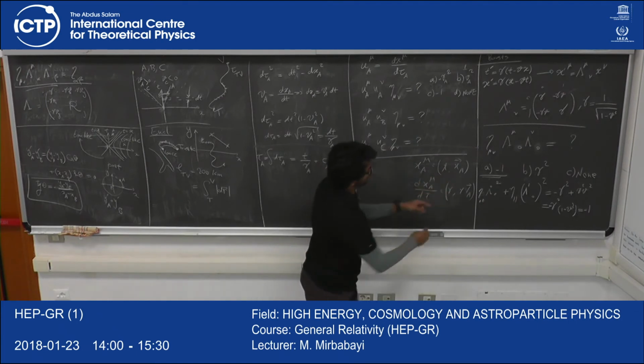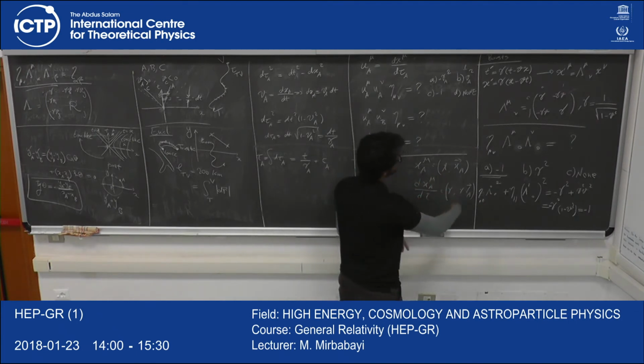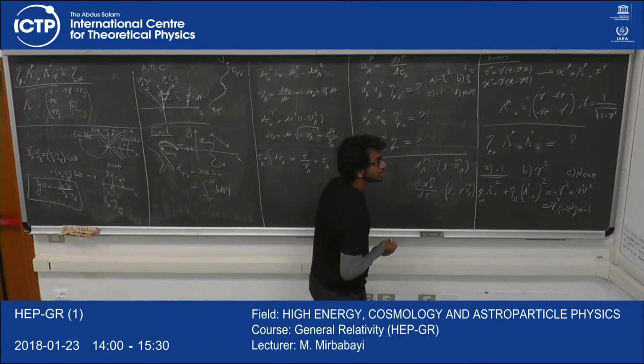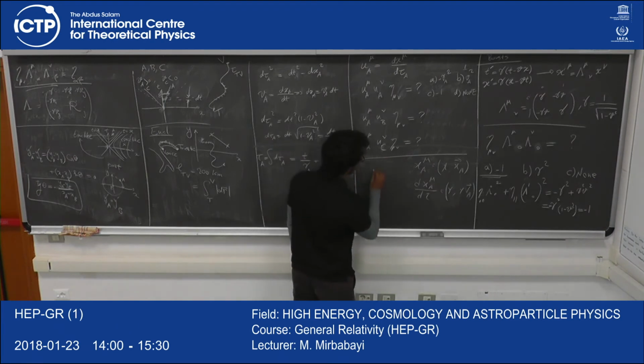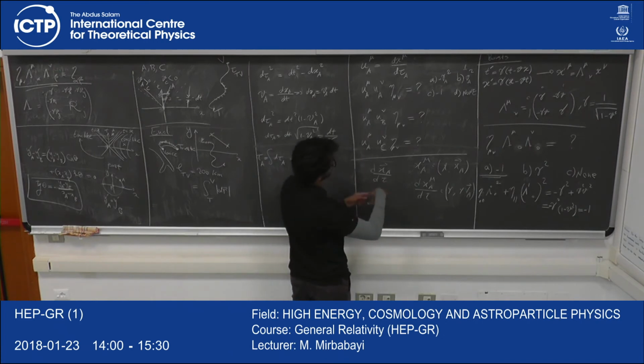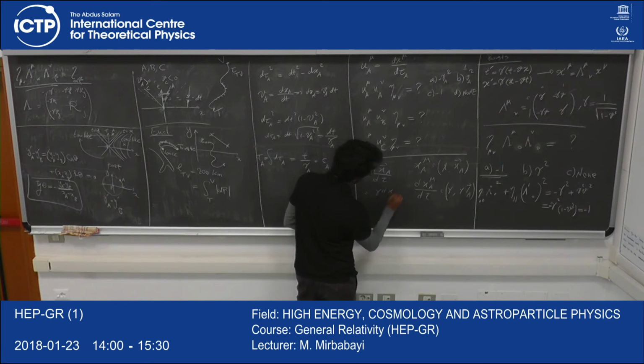Now if we take the derivative, dx_A by d tau, and I would like to transform it to dt, then I would have gamma times dx divided by dt.